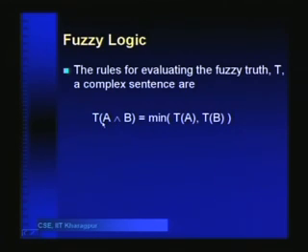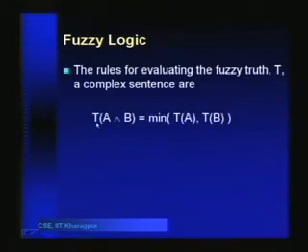So, if A is fat and B is slow, then the truth that a person is fat and slow is given by the minimum of how fat he is and how slow he is, right. Now, we can debate for hours about the choice of the min function for this.